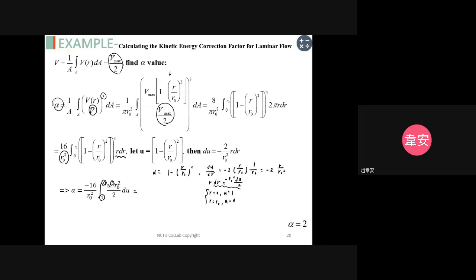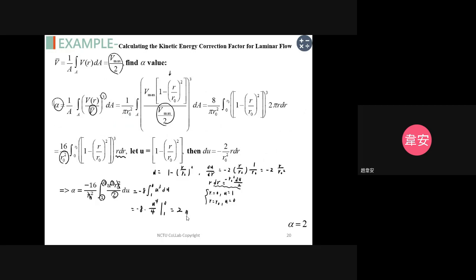We just cancel out the R0 squared, and there's 2, and this is 16, so it's minus 8. So inside we only have the integral from 1 to 0 of u cubed du. So this is minus 8 multiplied by u to the fourth over 4, from 1 to 0. So finally we know that alpha is equal to 2.